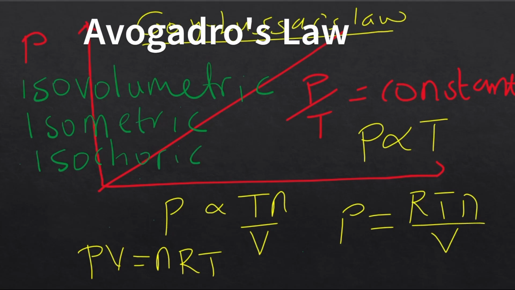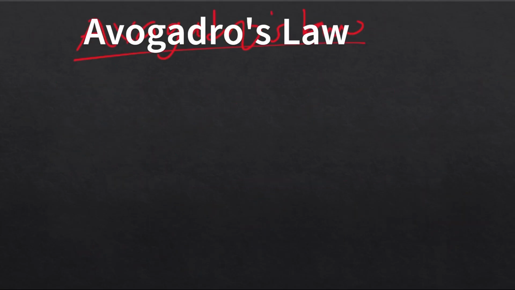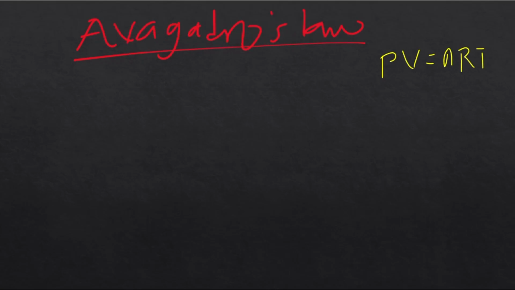Once you have the ideal gas equation, PV equals nRT, a natural extension of your thought is, why don't I keep another thing constant and see what happens? So what if we keep the pressure and the temperature constant? We already know that R is constant. What will happen? We see that V is directly proportional to n.